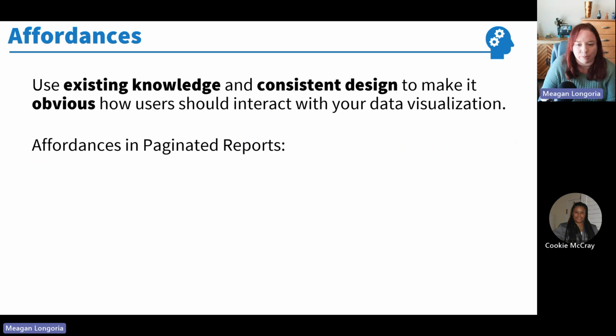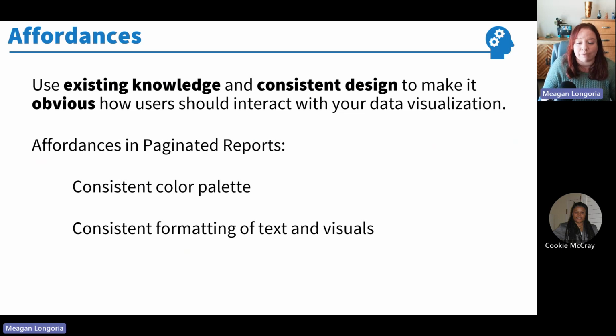So, in paginated reports, this could be just using a consistent color palette. As people switch from section to section in your report, they don't have to relearn what colors mean in every chart. Consistent formatting of text and visuals.